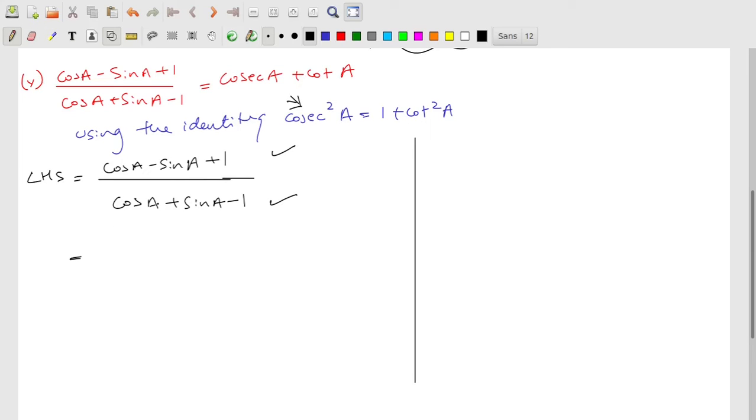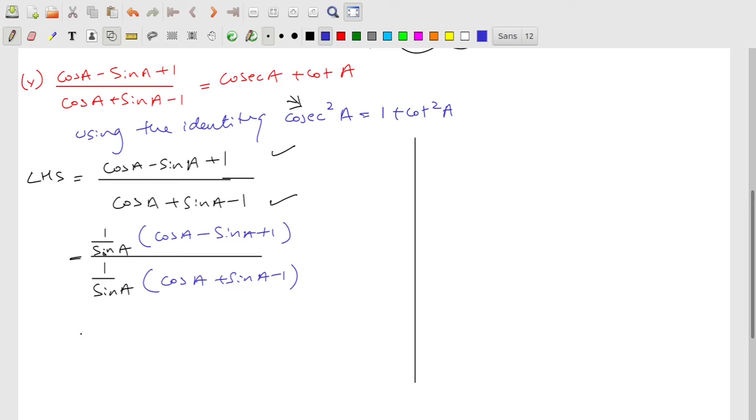So let me divide the numerator by sin A and the denominator by sin A, and then just carry these expressions: cos A minus sin A plus 1 in the numerator, and in the denominator cos A plus sin A minus 1, right?